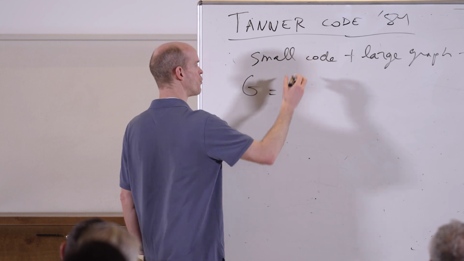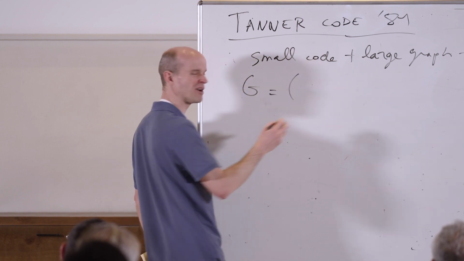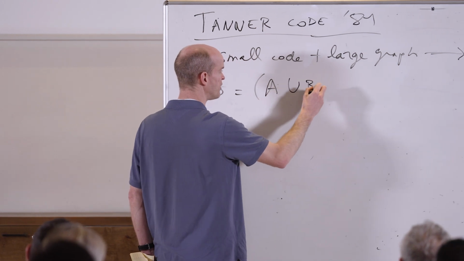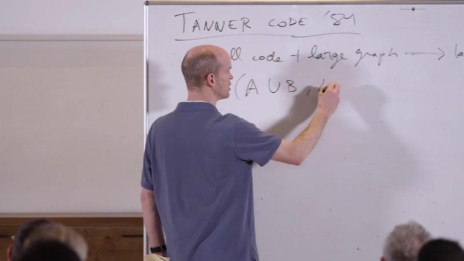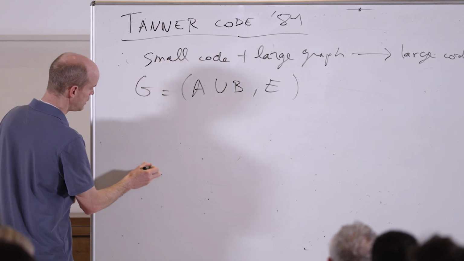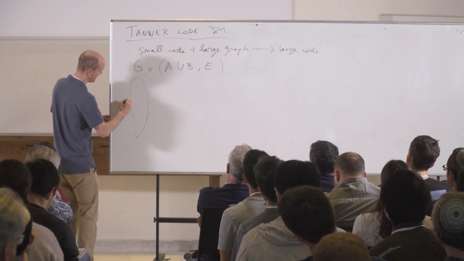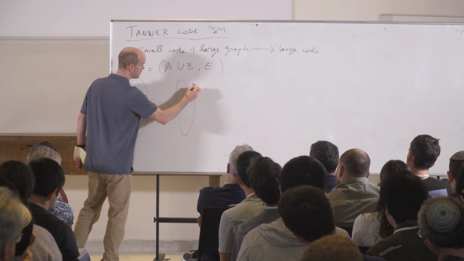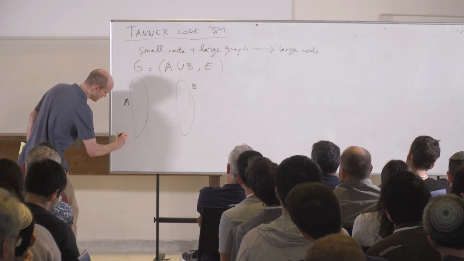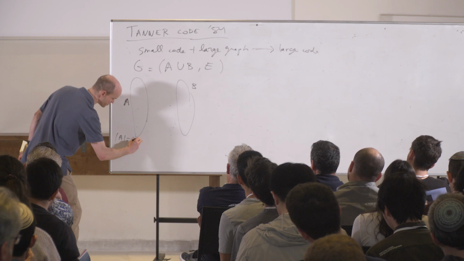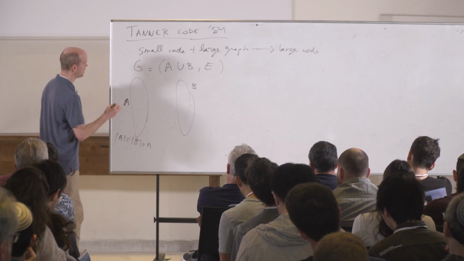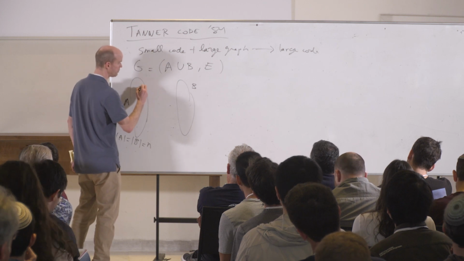For simplicity, I will take a bipartite graph, with two sets of vertices, A and B, and some edges. I will always take the size of A to be equal to the size of B, equal to n. So you have 2n vertices. And now you have edges in my graph.